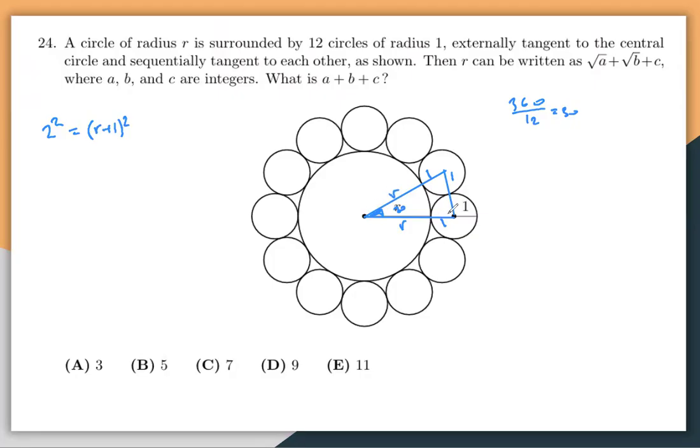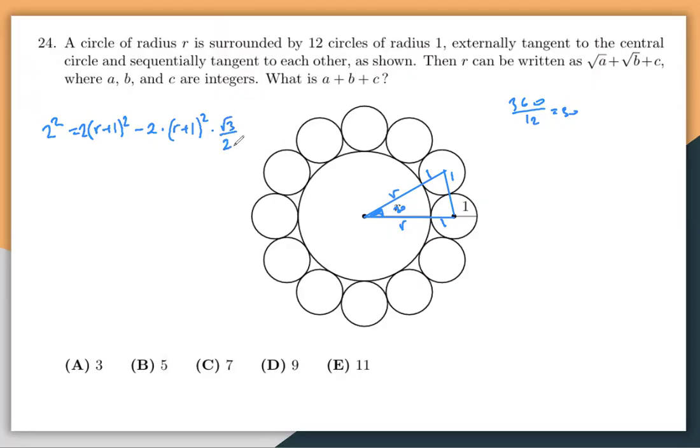But we also have the square of R plus 1 right here. So I'll say 2 copies of this minus 2 times R plus 1 squared times the cosine of the 30 degrees, which is going to be square root of 3 over 2.